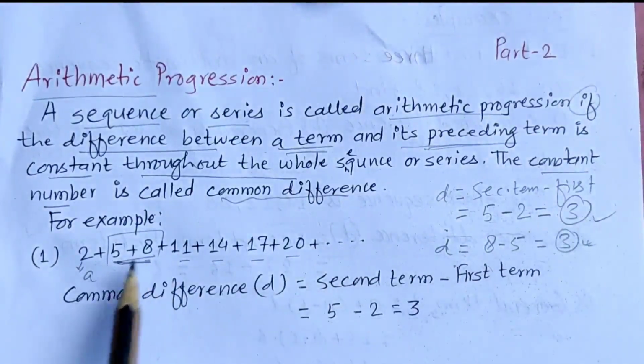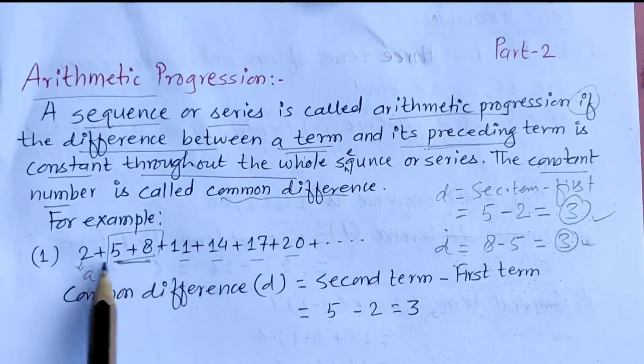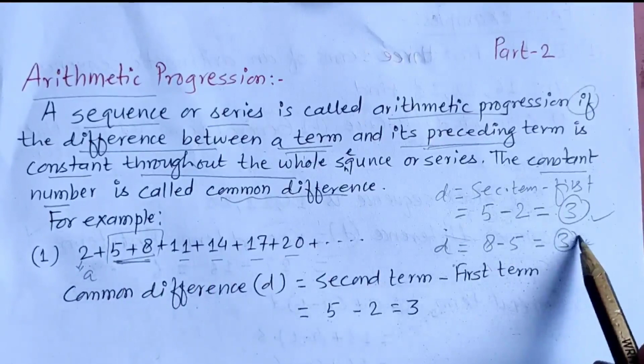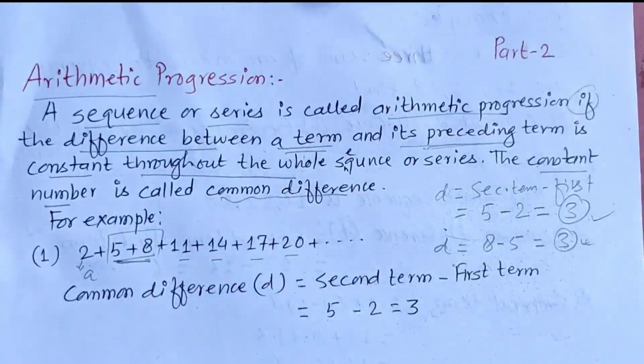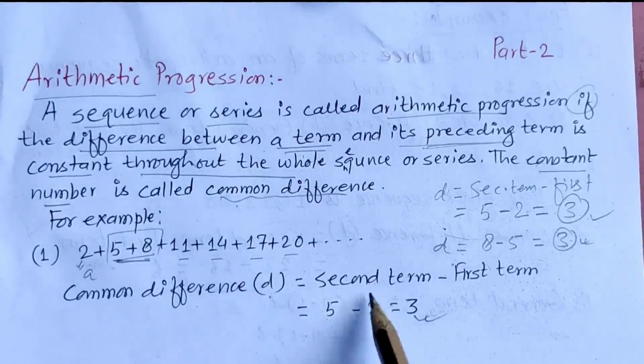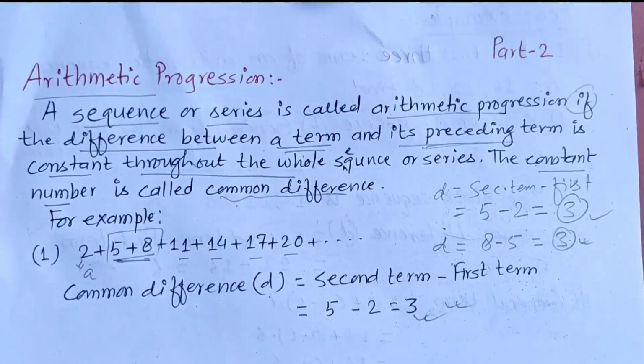In this series, between two terms there is a difference of 3, so this 3 is said to be the common difference. It is shown here. The common difference has the formula: common difference D is equal to the second term minus the first term. Like this you can find out the common difference.